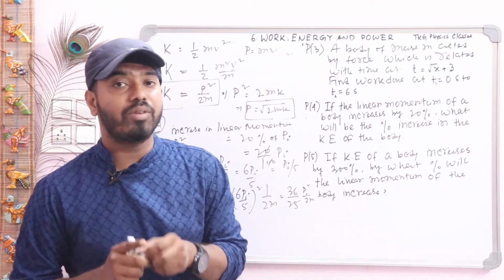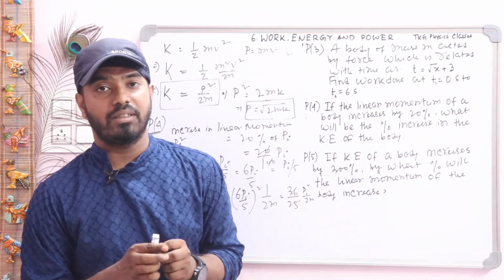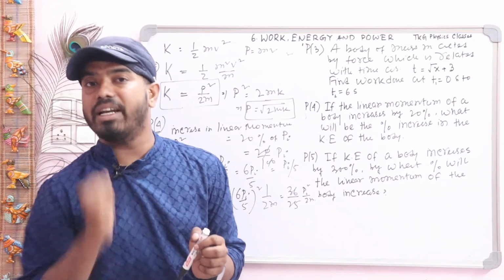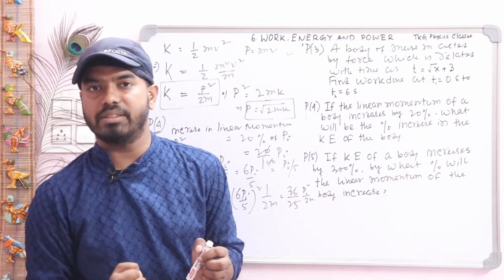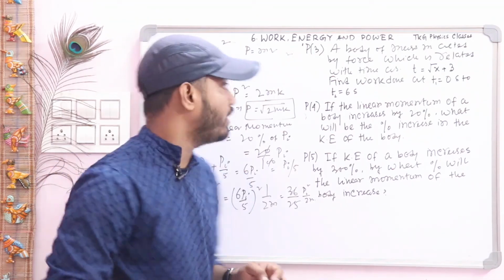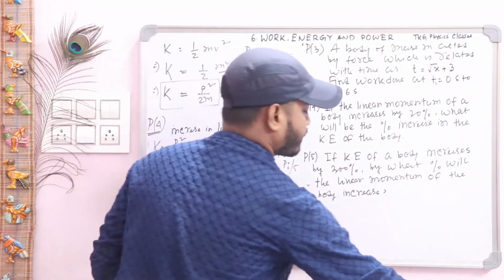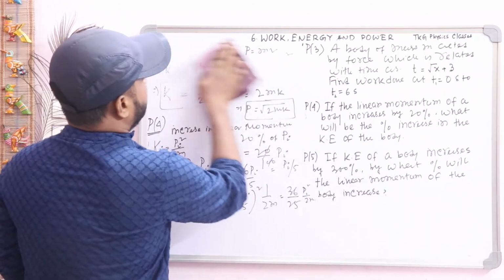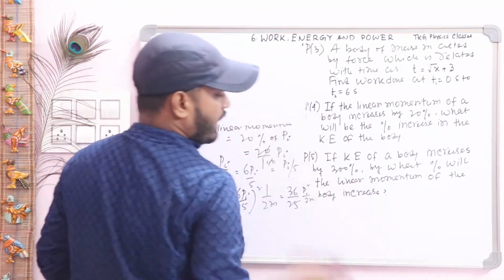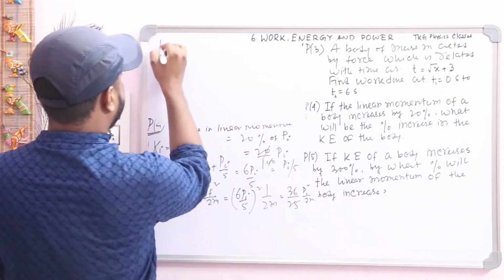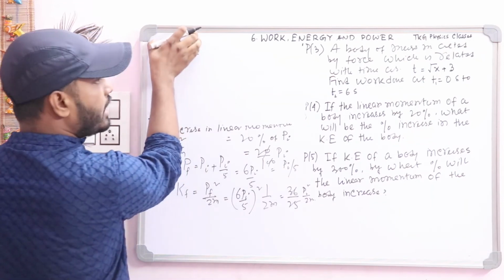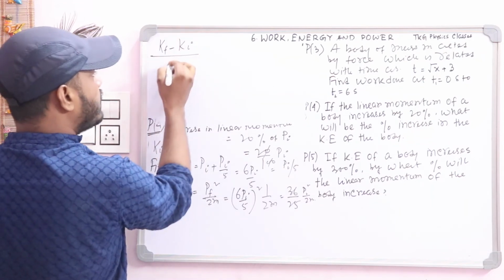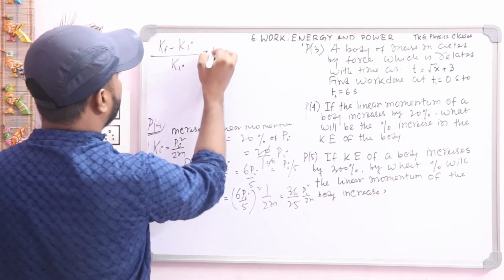So what is the formula for percentage increase? In upper side there is increase in kinetic energy, and in lower side how much kinetic energy is present, into 100%. Okay, so write percentage increase in kinetic energy formula, that is Kf minus Ki, that is the change in kinetic energy, divided by initial kinetic energy into 100%.